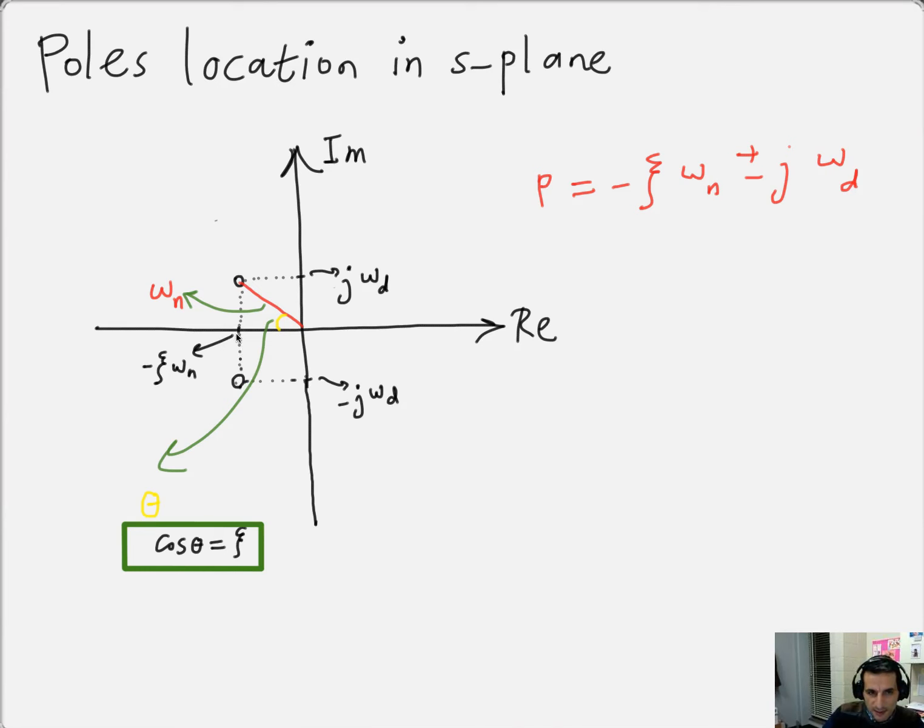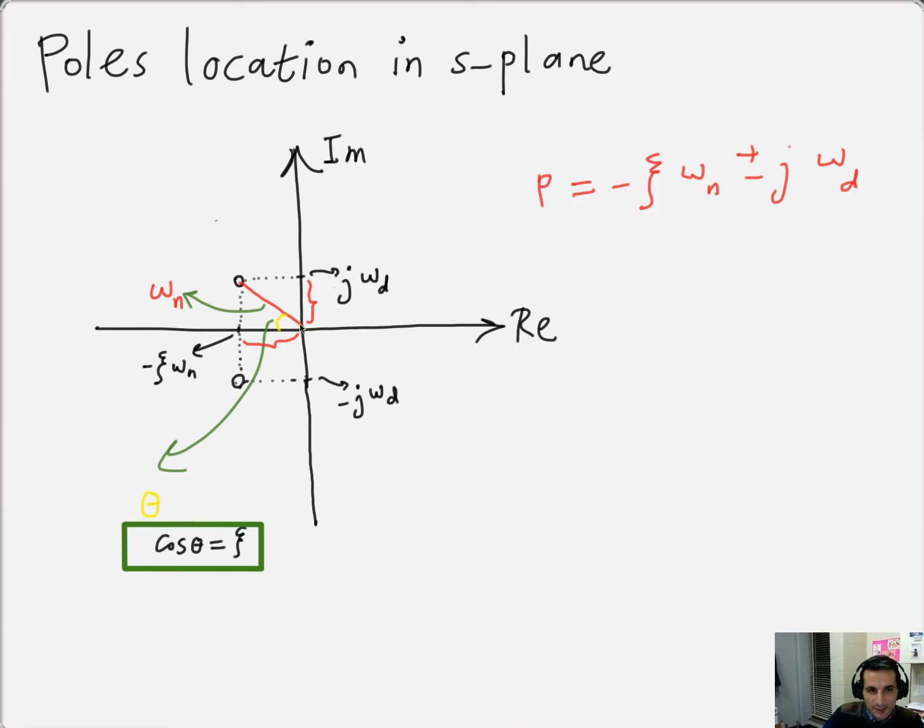In fact, the real part of the two poles is the same, and the imaginary part for one is j omega d, the other one is negative j omega d. So these are the two poles. So from here to here is going to be zeta omega n. From here to here, it's going to be omega d.